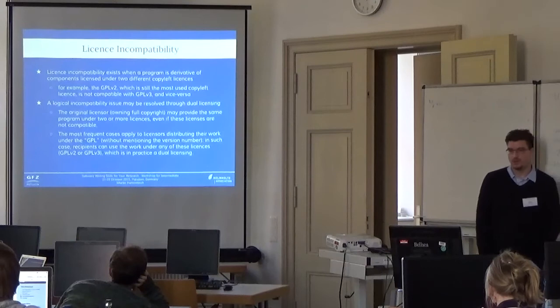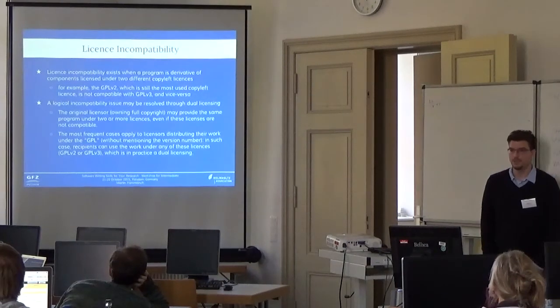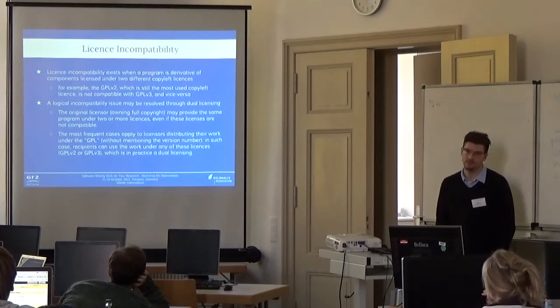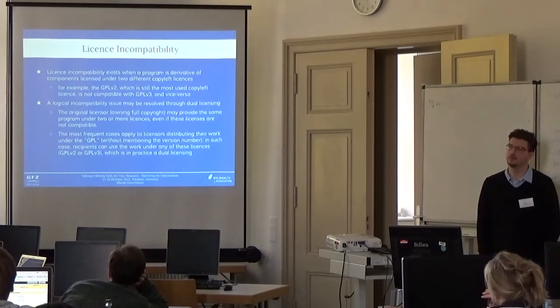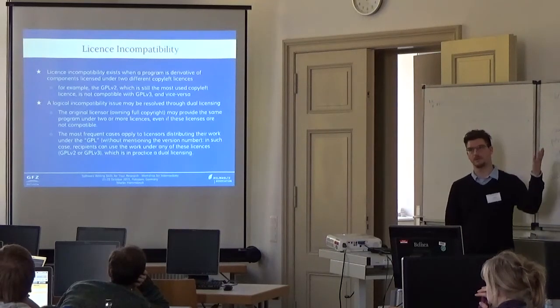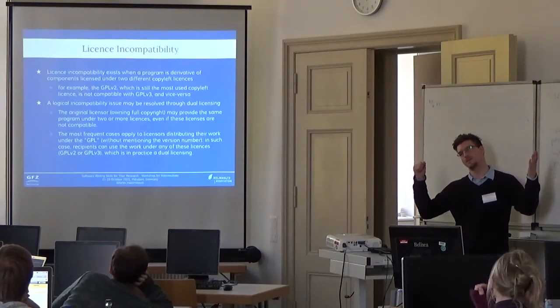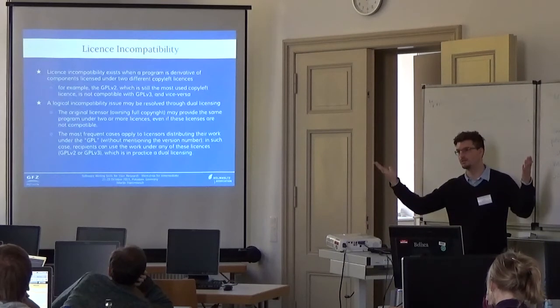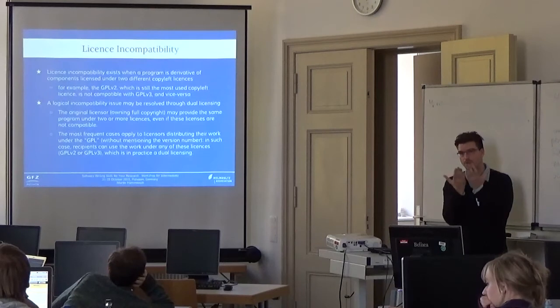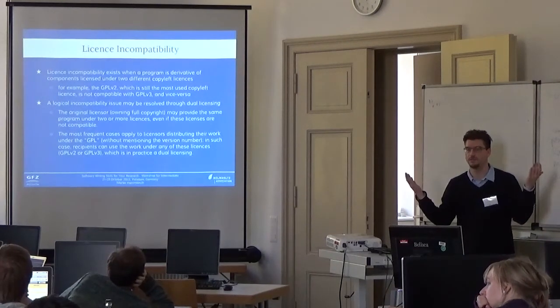And this can create, of course, license incompatibility when you use different copyleft licenses. This may happen, for example, when you get a library which is under GPL version 2, and another library which is under GPL version 3. So version 2 and version 3 of GPL are not compatible with each other, and there's a conflict.